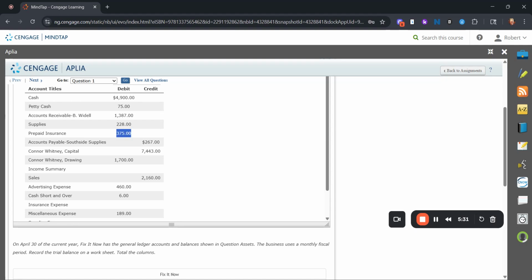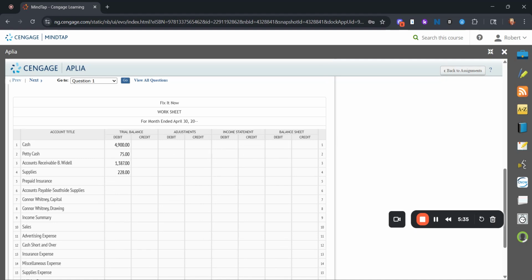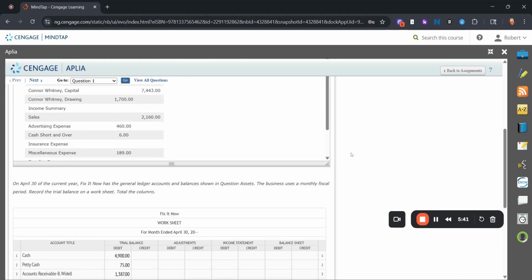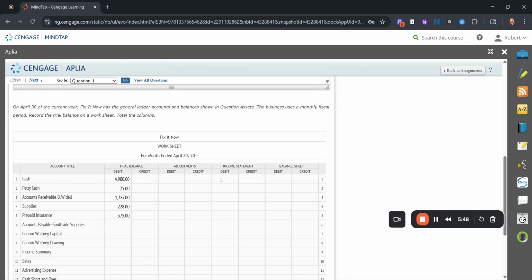And prepaid insurance, $3.75. And we have our accounts payable for $2.67 for Southside Supplies.